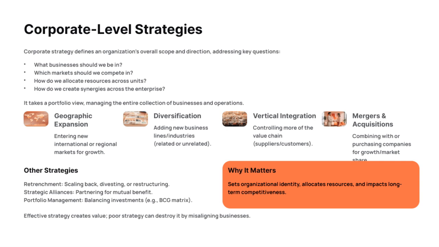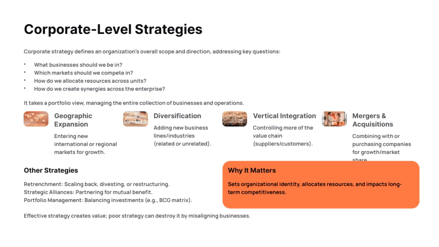Managing a portfolio of businesses requires a comprehensive view. It's about overseeing all operations, making decisions on which markets to compete in, and how to allocate resources across different units. The goal is to create synergies and ensure the entire enterprise works in harmony. At the core, corporate strategy answers fundamental questions. What businesses should we be in?